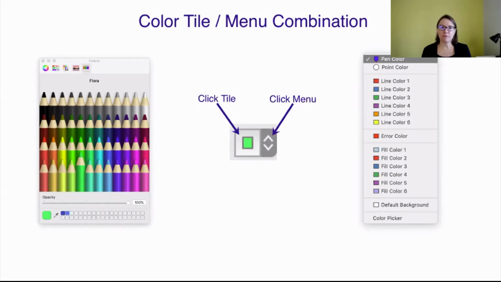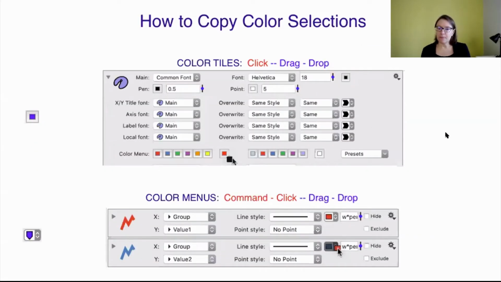And then finally, the other thing I want to point out is how you can copy these selections. It's very convenient, because anytime you set a color tile, you can click and drag it and drop it on another color tile, and it will apply that color to it.